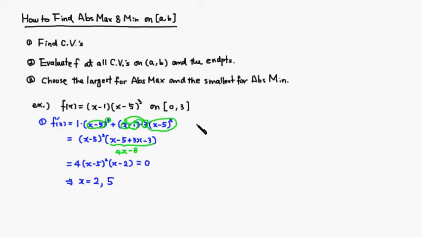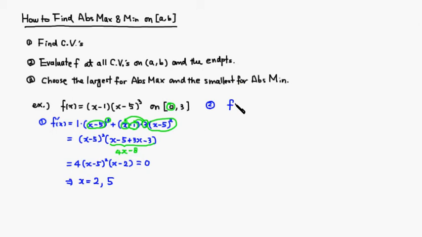And then step 2, we want to evaluate a function at all critical values on that interval, and including endpoints. So here's number 2. The first endpoint would be 0, so we have to look at that.